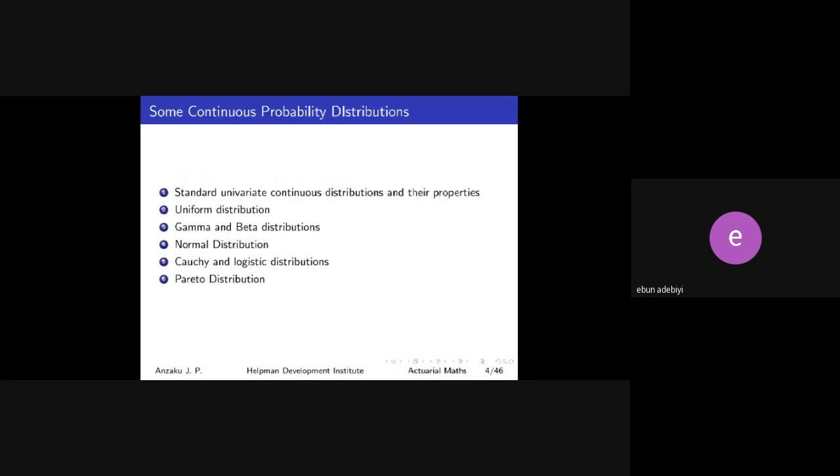So today we will be talking about some continuous probability distributions. Remember, we have two specific kinds of probability distributions, which are the discrete and the continuous. So we have dealt with the discrete probability distributions, and we want to delve into the continuous probability distributions, even though in our seminar in actuarial mathematics, we have talked about some of these distributions, and we have even started working on real data.